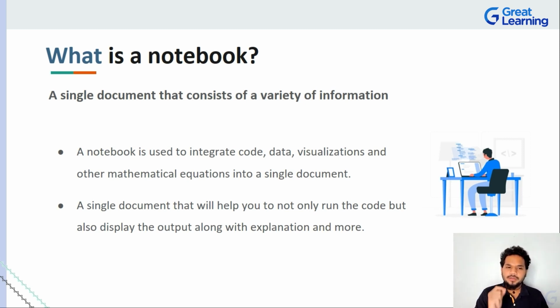So when we're talking about a notebook, what is it in our context? To be very honest with you, it is nothing but a very simple document that consists of a variety of information, either of the same domain, of a different domain, or something which has a structure associated with it. Now, in our case, in a notebook, we divide a huge piece of Python code into many tiny pieces of code snippets called cells.